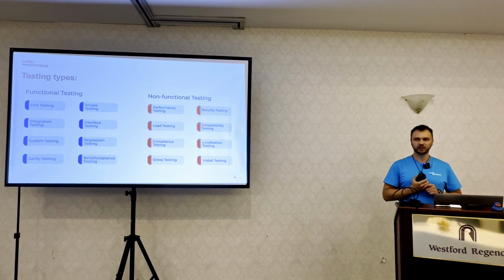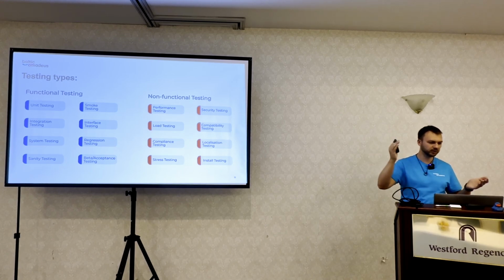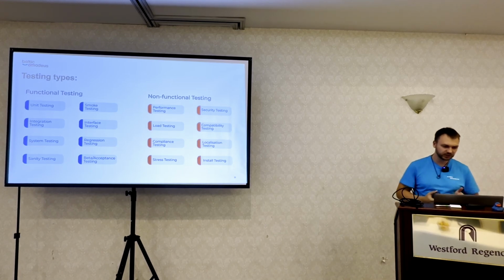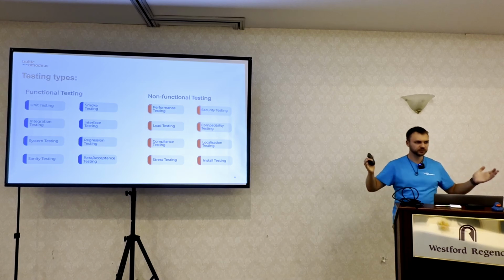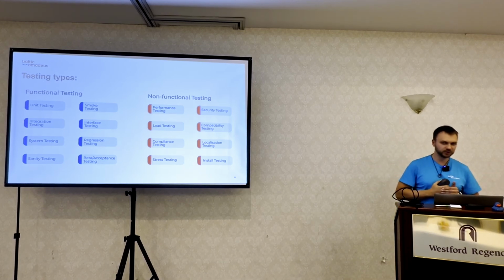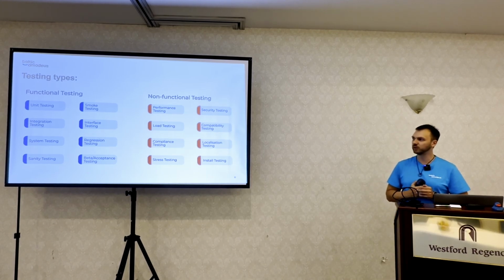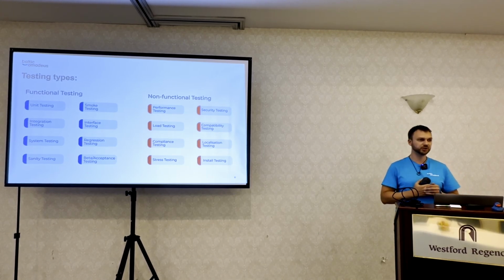So I get plane tickets, and then I'm gonna have some ads from, I don't know, booking.com, which is integration between those two systems. Interface is, I think, self-explanatory. That's web UI, like UI itself, sorry. System testing is the whole system. So this is going to be at the end. We're testing the whole system. Regression. So we're checking if the prior code is not broken by introducing new functionality.